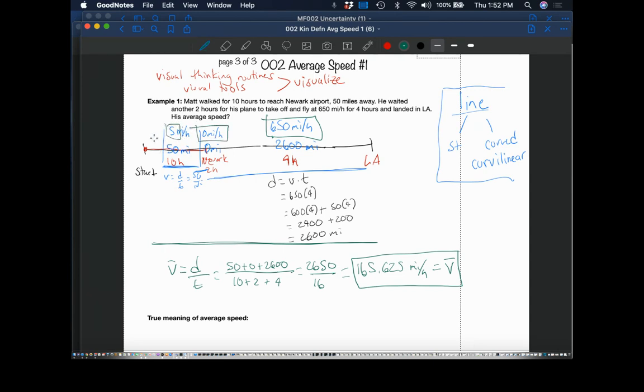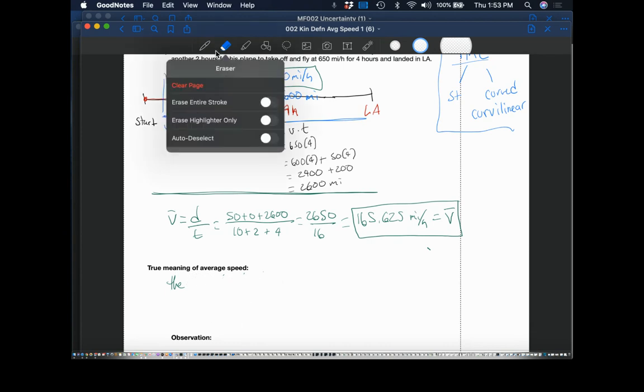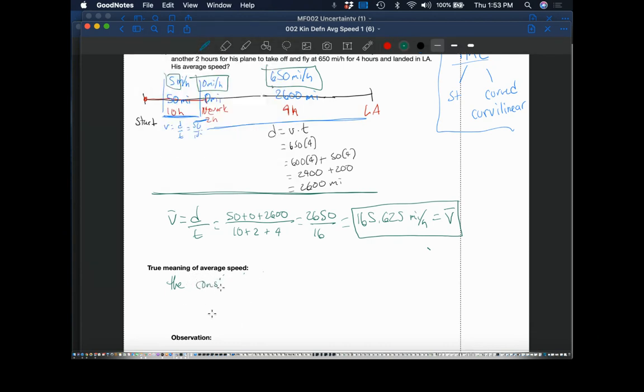But what it does represent, the true meaning of it, is the constant speed at which the same distance would be covered in the same amount of time.